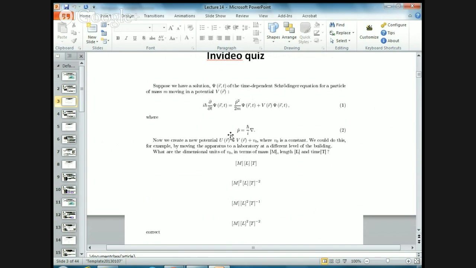Basically it says if you have one potential, V of R, and you create a new potential which adds a constant to it, this is something you could do by carrying the apparatus up to a higher floor in the building, if gravity is in effect. That just changes the baseline. It's a real physical thing you can do. And it asks the students to give the dimensional units of that constant, multiple choice. Seems simple, doesn't it?